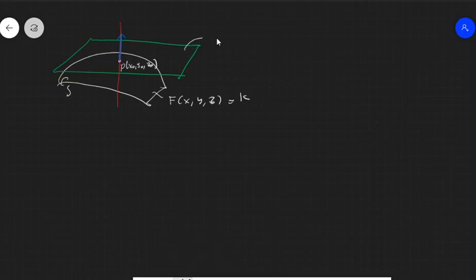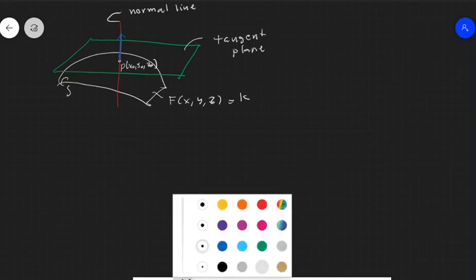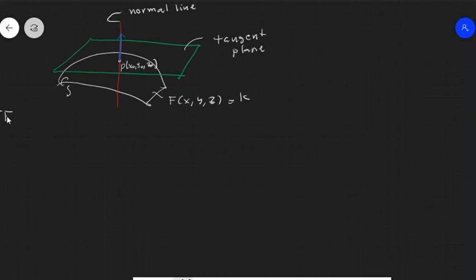Here we have this tangent plane, and this red line is the normal line. From the theorem, the gradient of f will be normal to the plane at P. And this gradient is also parallel to the normal line at P. So let's say the gradient of f at P is (a, b, c).